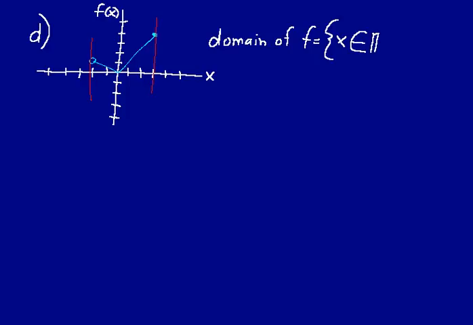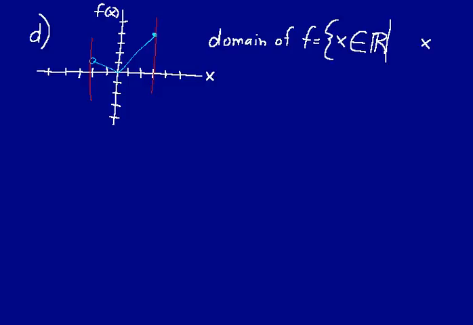It's a member of the set of real numbers, and then we put a bar. That bar means such that. x is a member of the set of real numbers such that, and now we have to compare the maximum and minimum values for x.